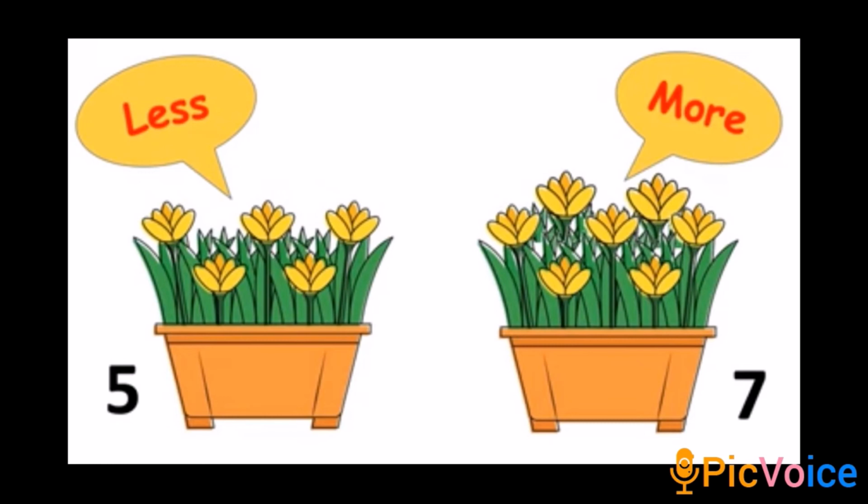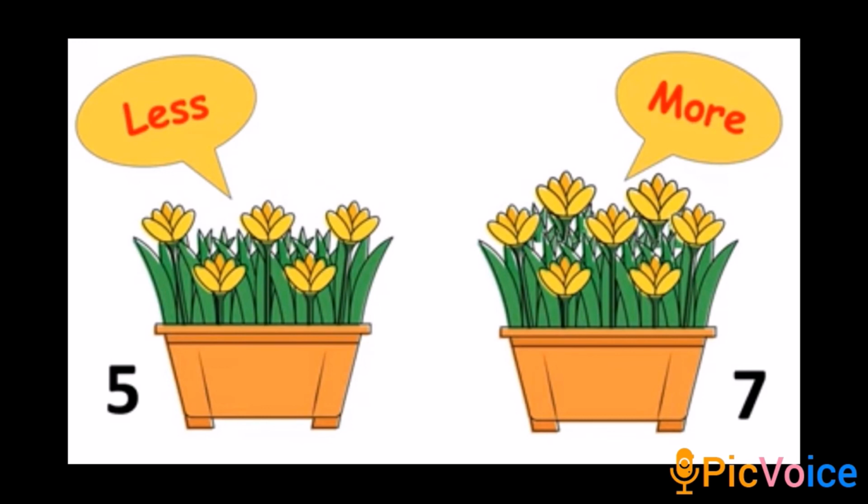And then we have to count in the right hand side. How many flowers are there? 1, 2, 3, 4, 5, 6 and 7. See, there are 7 flowers in the flower pot. Okay, so we have to compare the numbers here. Here we have 5 and here we have 7.